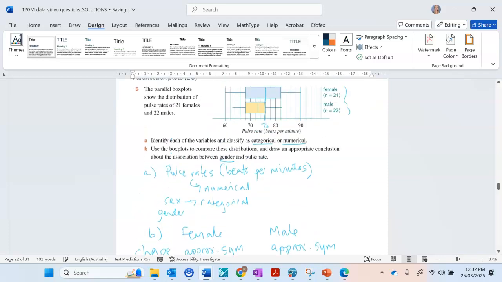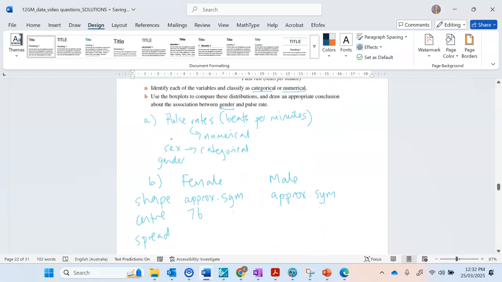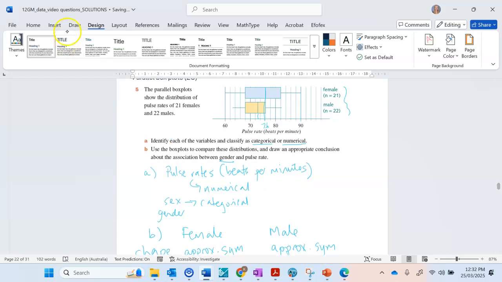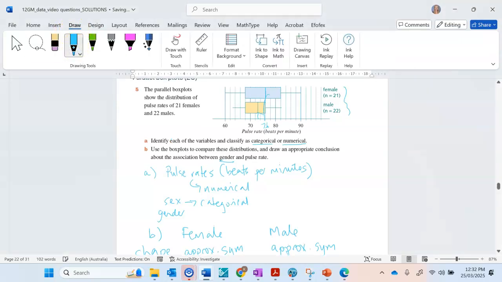And then we do the same thing for the males. So that one is halfway between here, so 73. And then the spread is our interquartile range. So I'm just going to go, sorry, I need to rub that out. All right, so interquartile range is going from here to here.